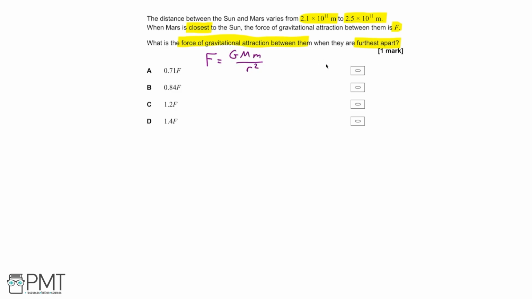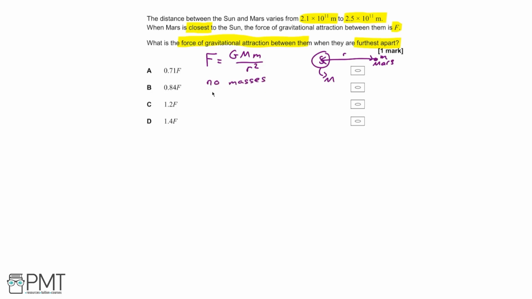In this equation, big M is the mass of the Sun, and little m is the mass of Mars. And R is the distance between their centers. And those are what we're given in the question. In this problem, we haven't been given the masses of the Sun or Mars.